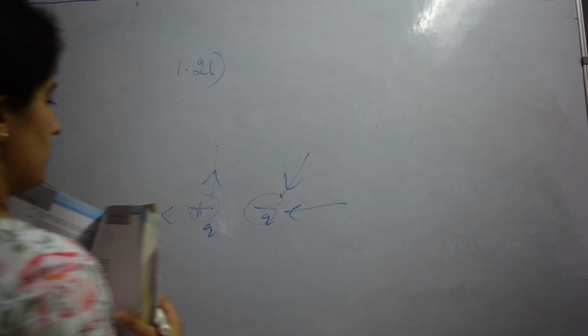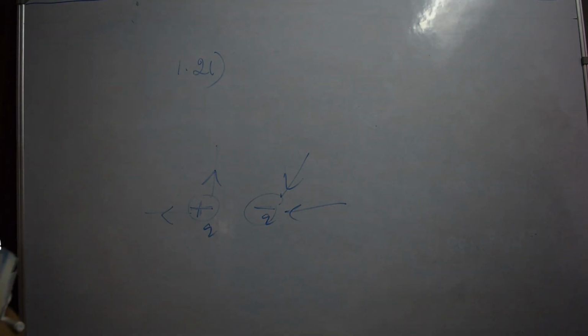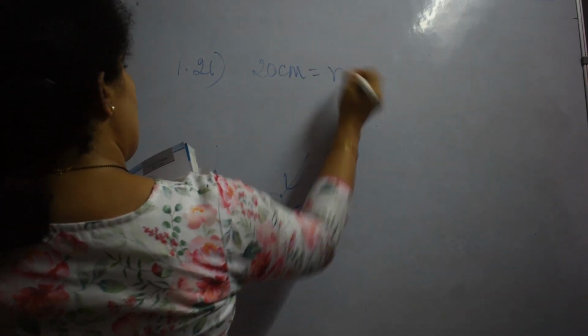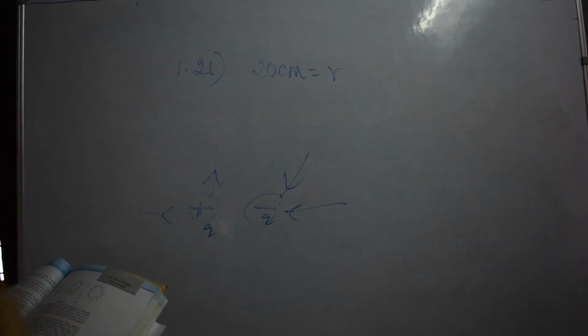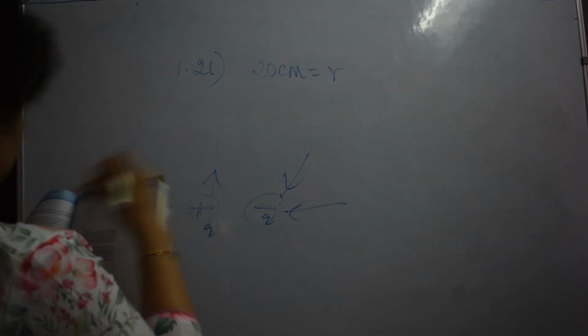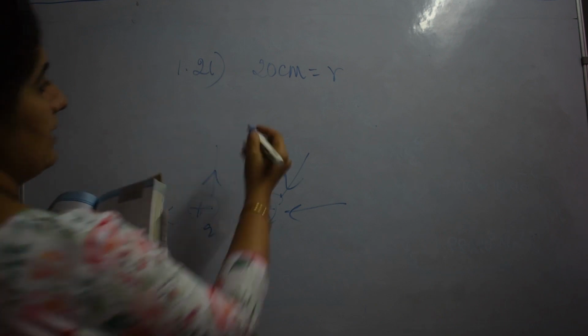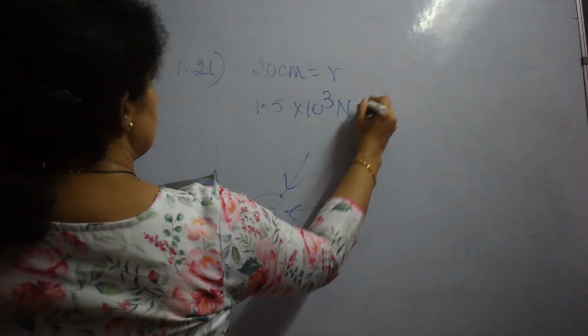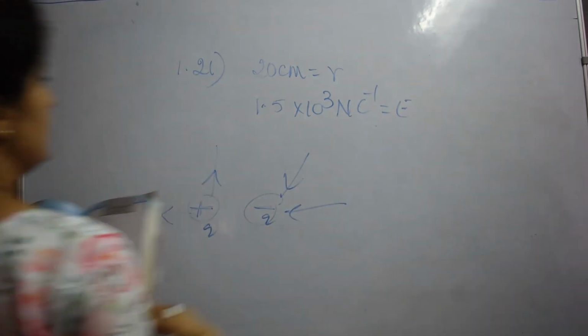So in the same way here, electric field lines are pointing inwards, and what is given? Unknown charge, distance is 20 centimeter, R is 20 centimeter, and electric field is 1.5 into 10 to the power 3 Newton per coulomb. This is electric field.